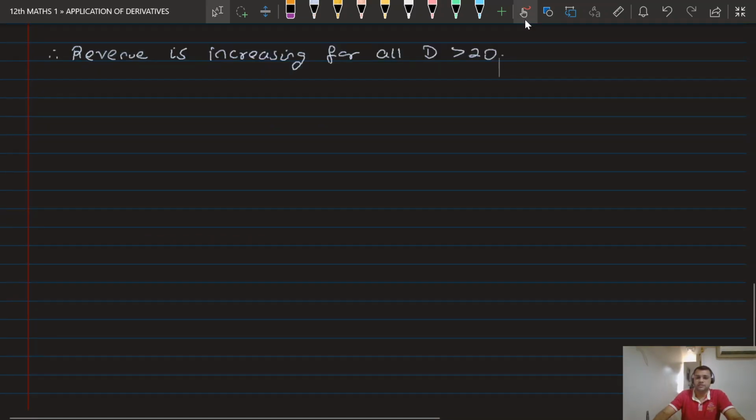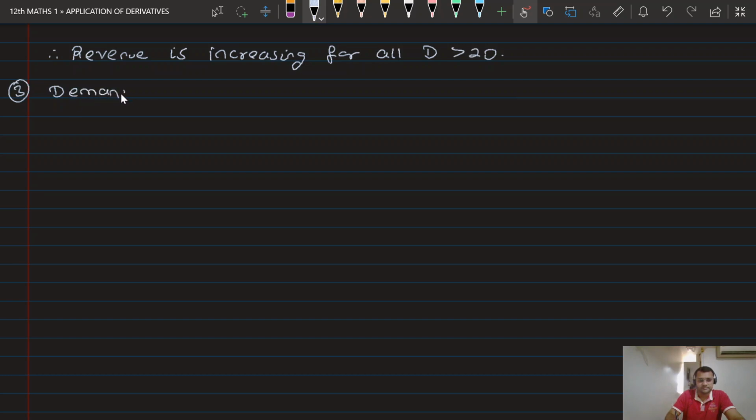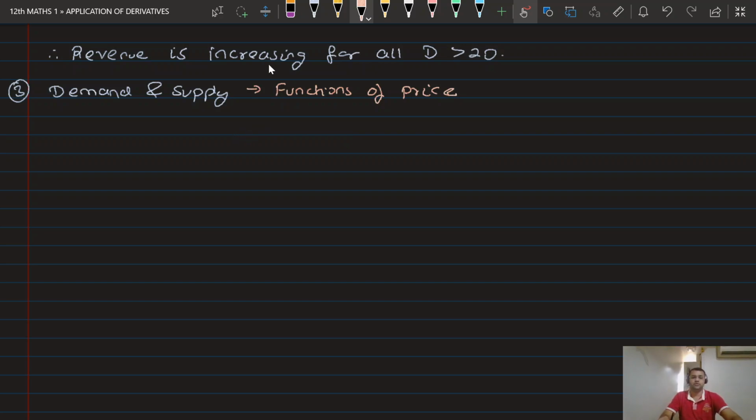Okay, similarly, the point number 3 that we have is based on demand and supply. The demand and supply, they both are functions of price. When I say functions of price, it means that demand and supply, both the things of any commodity, are completely dependent on the price of that particular commodity.